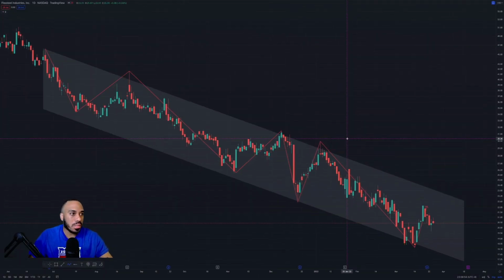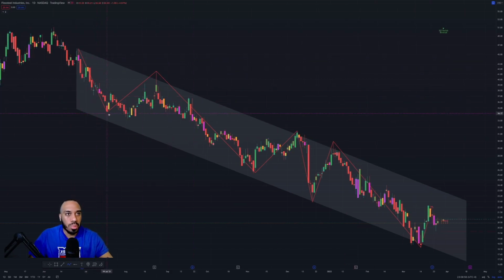We do pull back, but we don't end up breaking these highs. We're not making higher highs. We're continuously making lower highs. So although we're pulling back, we're not reversing. So it's very clear that you understand the distinction between a reversal and a pullback, right?